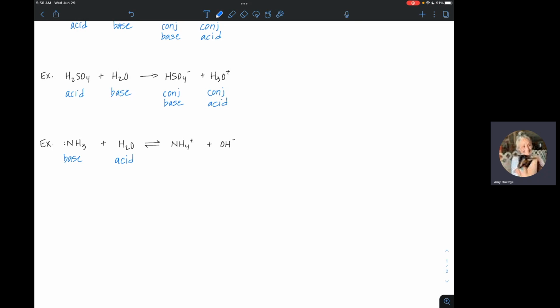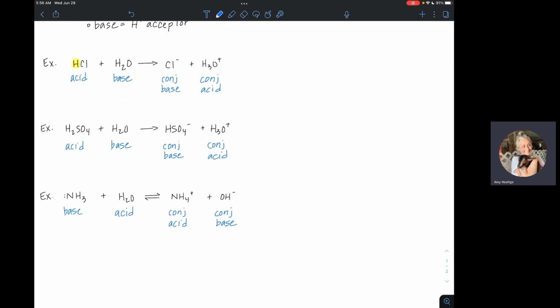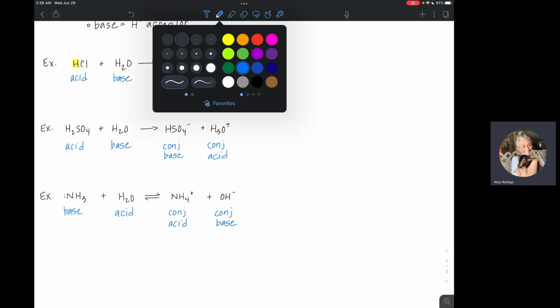And so that goes again to acid-base strength, which we'll talk about in a sec. Here's going to be our conjugate acid. And this will be our conjugate base. So you get the idea. We're just transferring a single proton at a time.